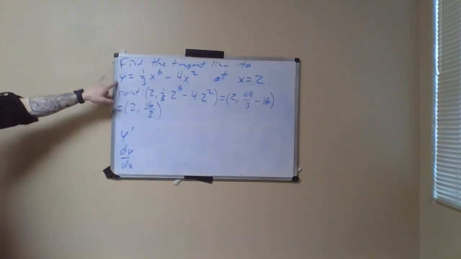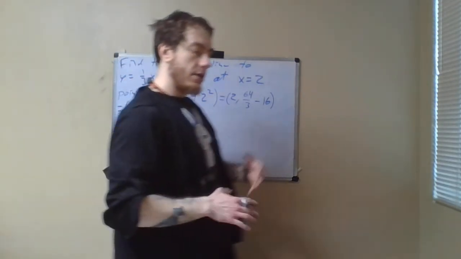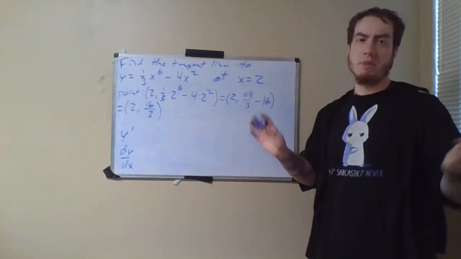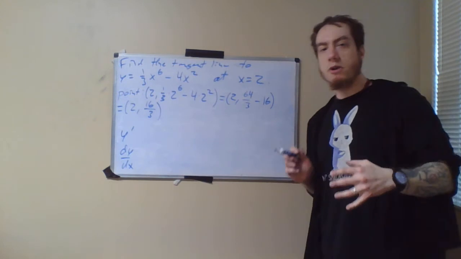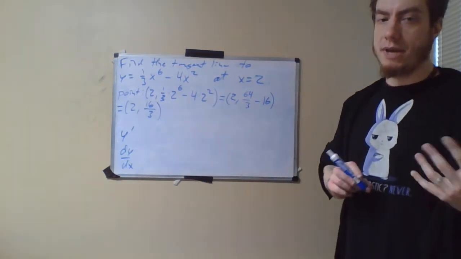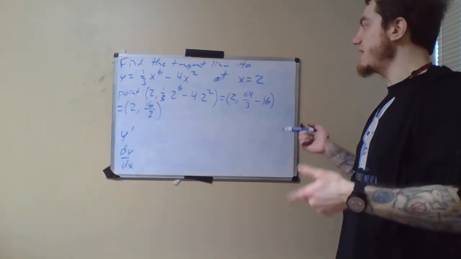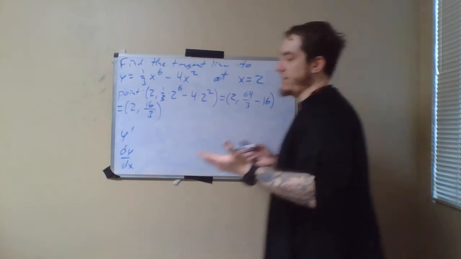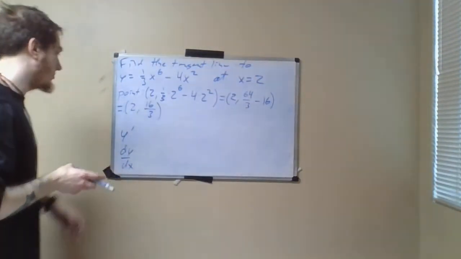So we just treat the dependent variable in our notation as if it's a function of the other variable, because that's kind of what it is.